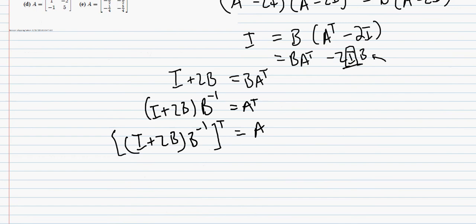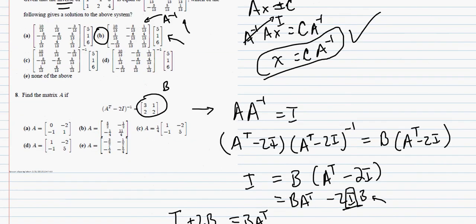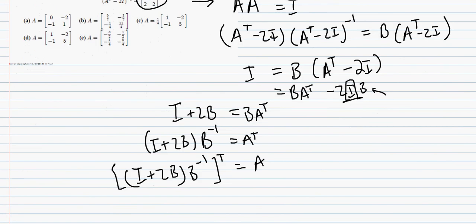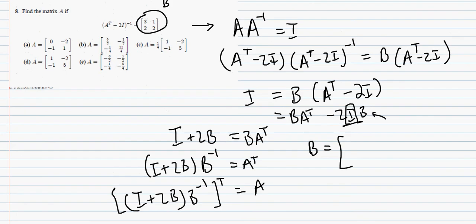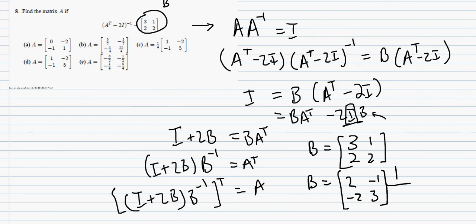Now to actually do all that work. Okay, so I'll do this step by step. We know B is equal to [3, 1; 2, 2]. We know that the inverse of B is, what is it, these switch spots, this turns negative, and we have 1 over (AD minus BC).